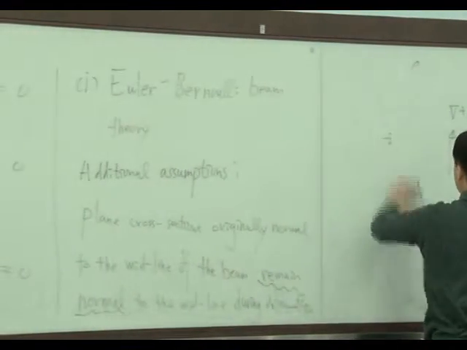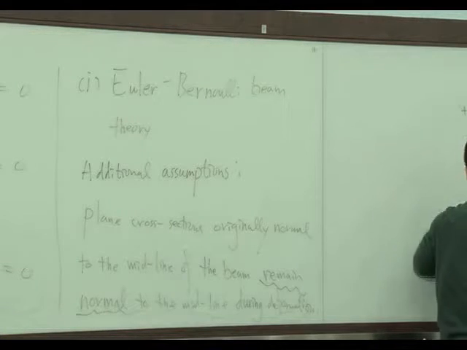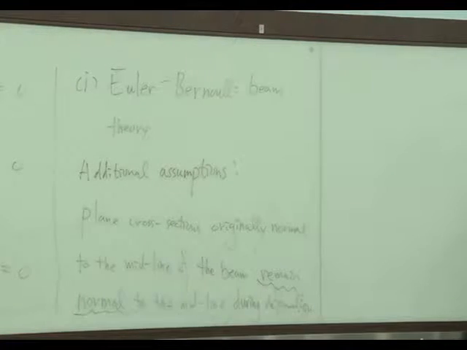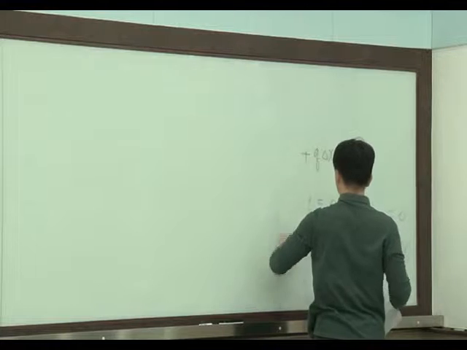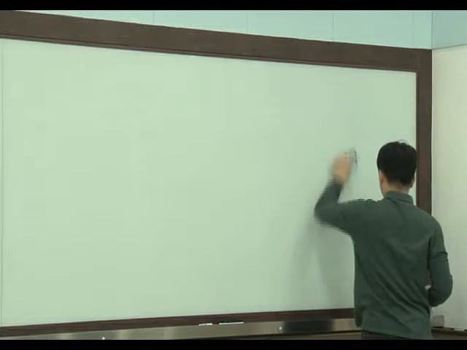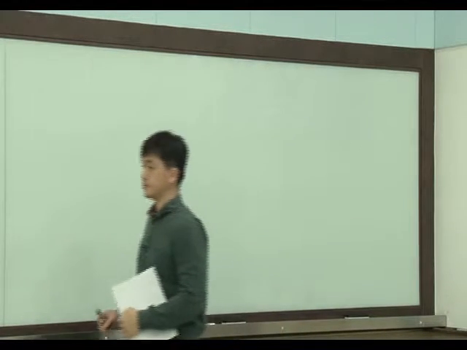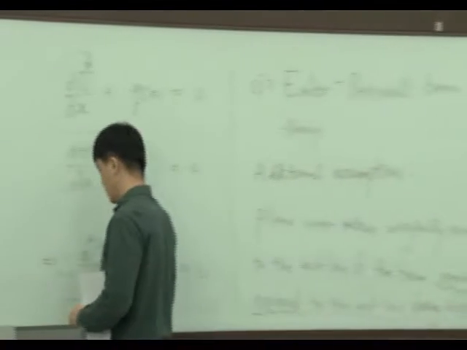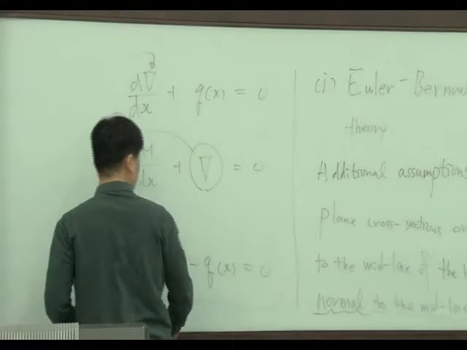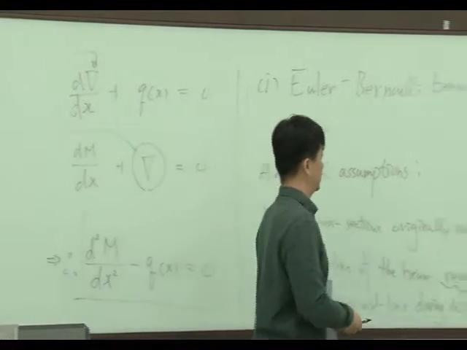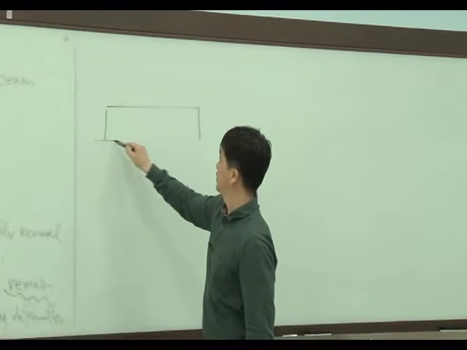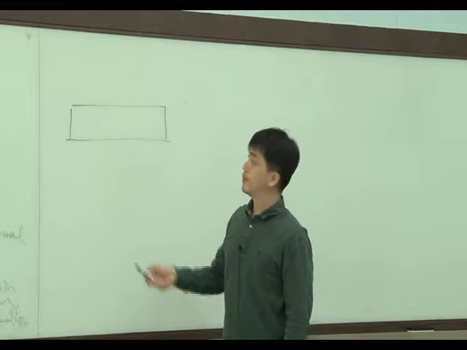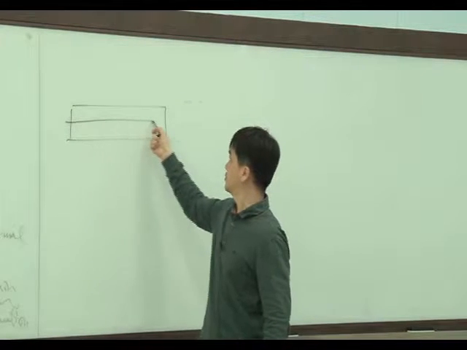So do you remember the kinematic assumption for beam? I mentioned before, and this new assumption is a little bit different. So this means, let's say we have a straight beam here, and we have some reference line along the beam.